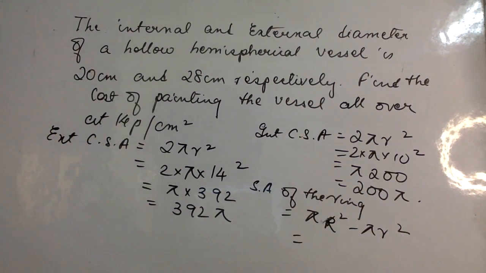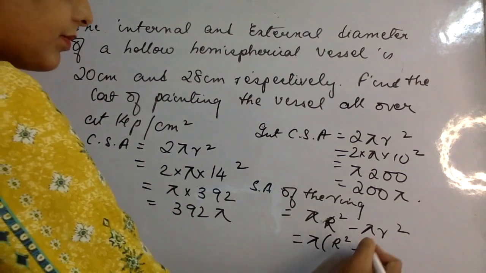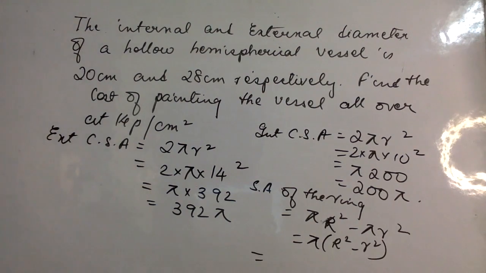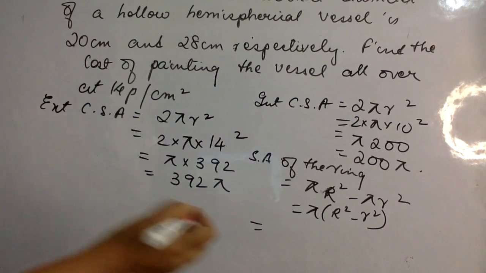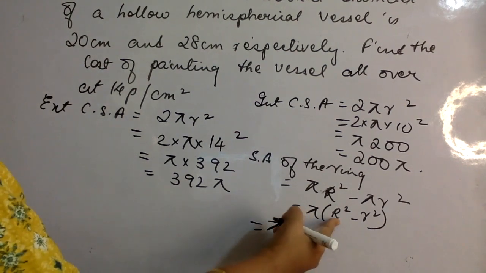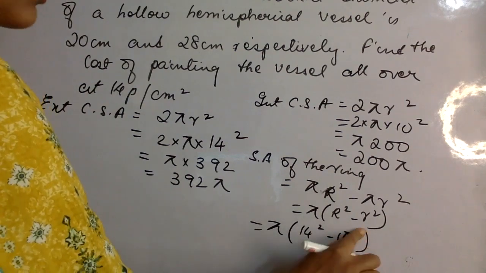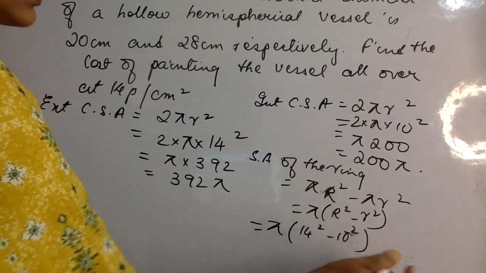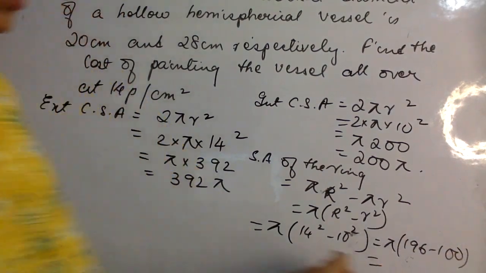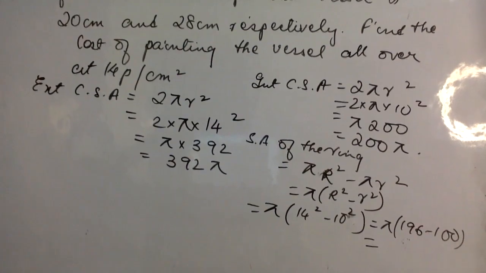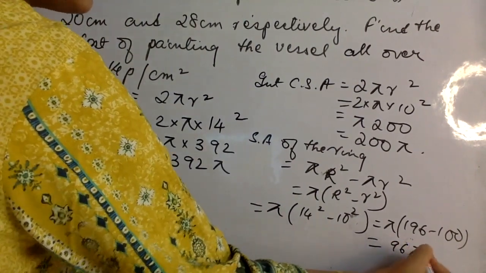So that is pi into R square minus r square, okay, and that comes to pi, external is 14 square minus 10 square. 14 square minus 10 square, that comes to pi into 196 minus 100, that comes to finally how much? 96 pi, isn't it? It comes to 96 pi. So we'll leave the sum.